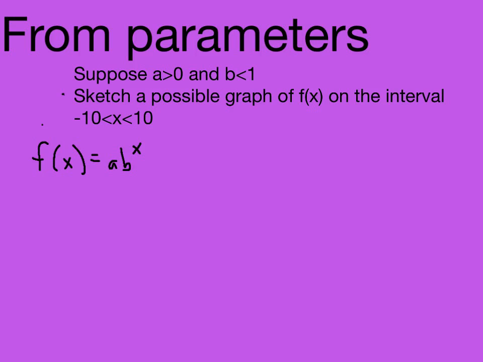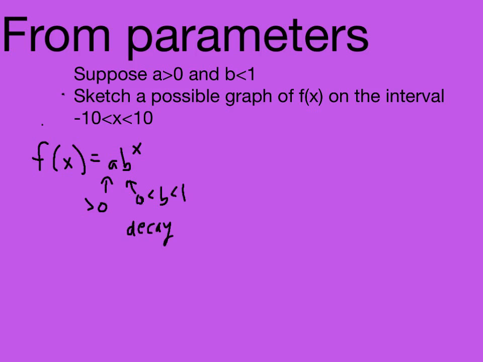Finally, we need to be able to graph from parameters, from a set of rules that's given to us. So suppose that our a has to be greater than 0, and our b needs to be greater than 0, but less than 1. So we're looking here at a decay graph.